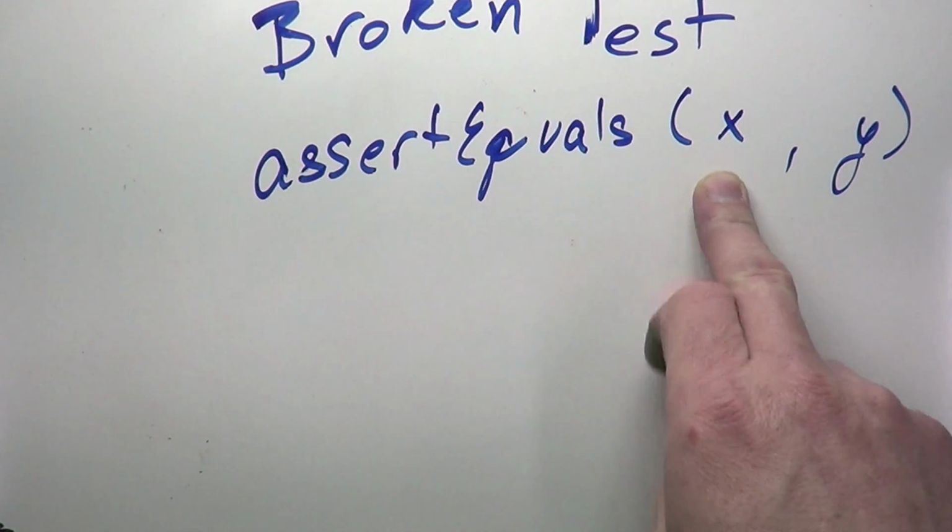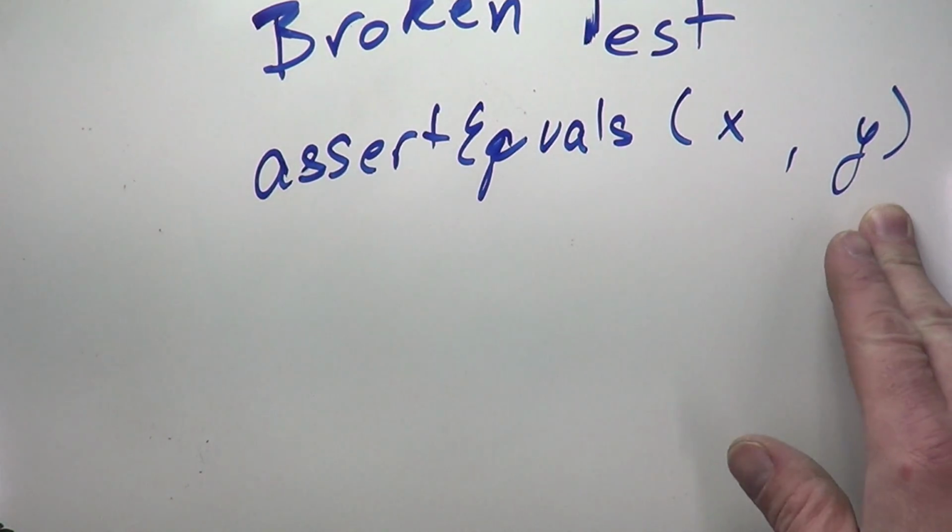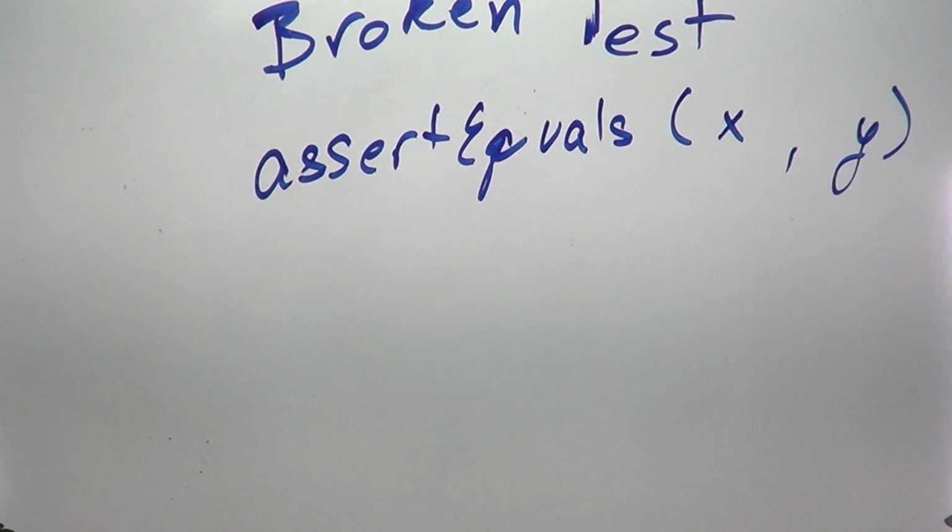One of these is the expected value, one is the actual value, and different test frameworks have those in different orders, and those are just easy to swap and get messed up. So when you write the broken test, it's easy to verify, hey, what I expected is actually in the expected column, or whatever.